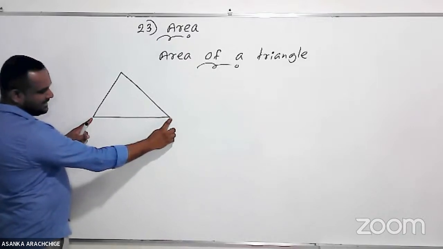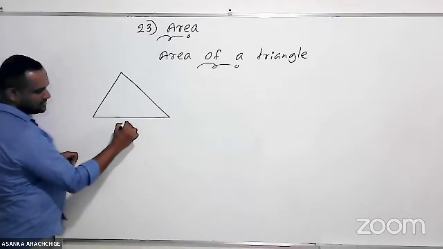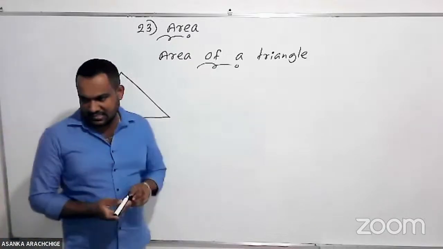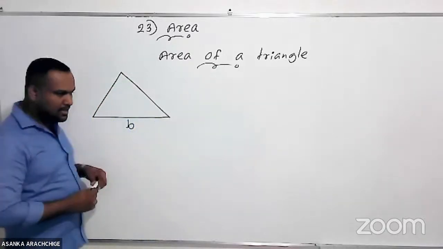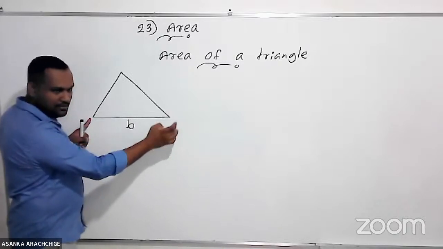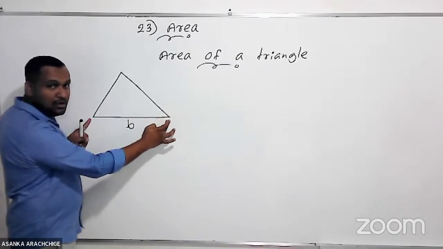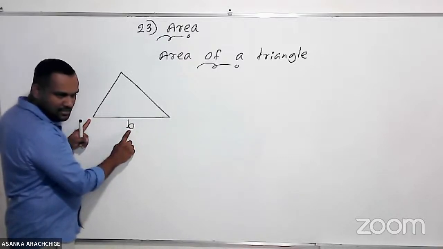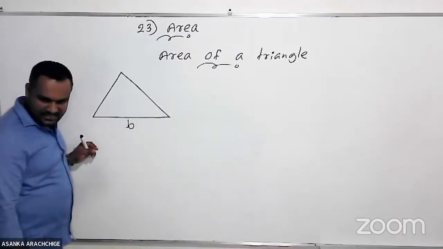The length of that side is symbolized as B. B means the base. The selected side is called base. Its length is denoted by simple B, B for base.